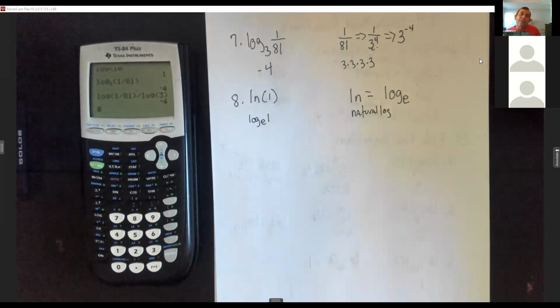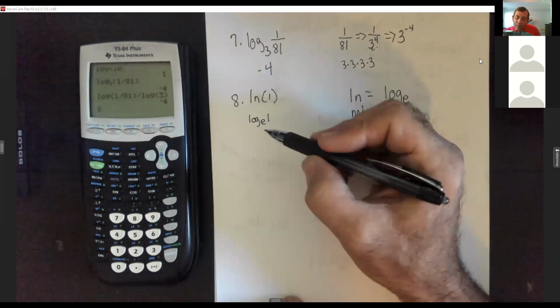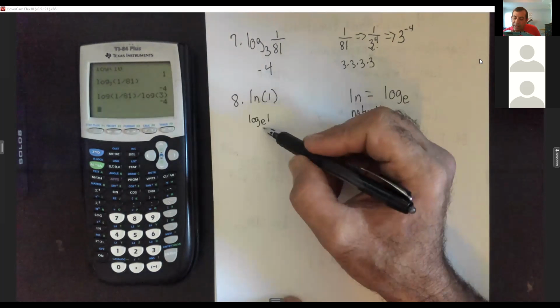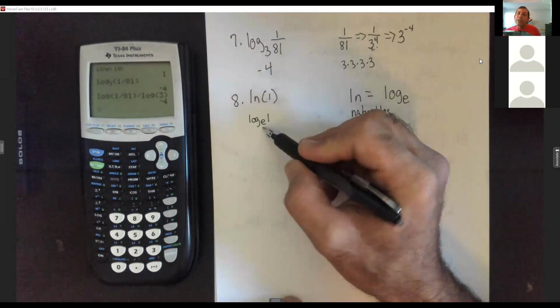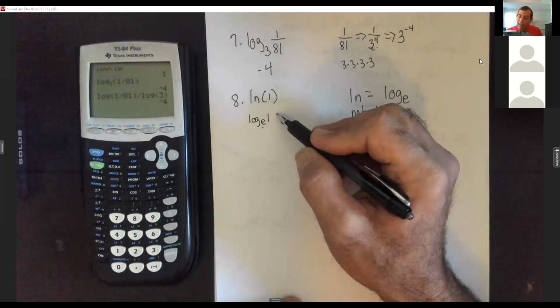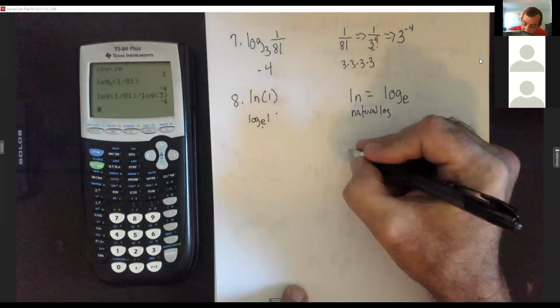So here's the question. What exponent would I raise e to, to turn it into a 1? And actually, there'll be a rule about that.